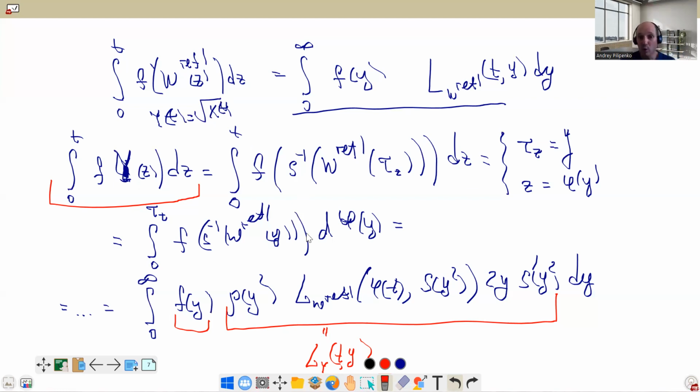Well, we know that this local time is continuous in two arguments, time and space. And we know that the local time of reflected Brownian motion is Hölder continuous in space variable with arbitrary parameter that is less than 1/2.